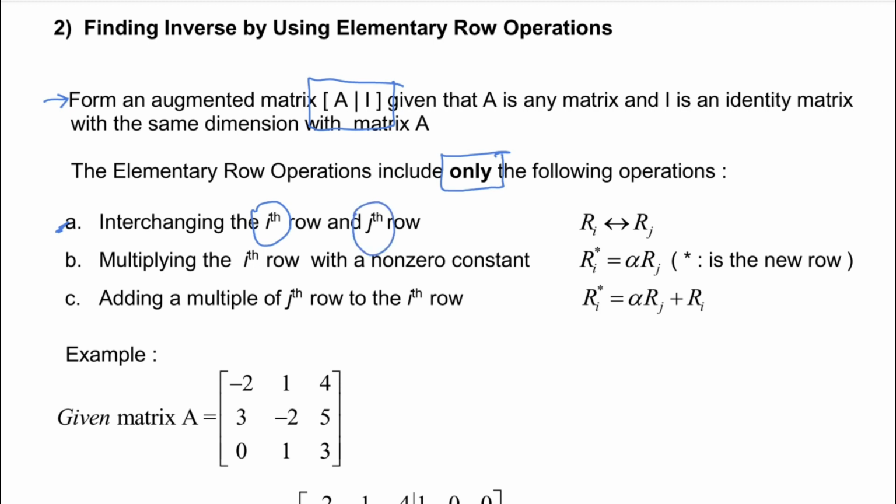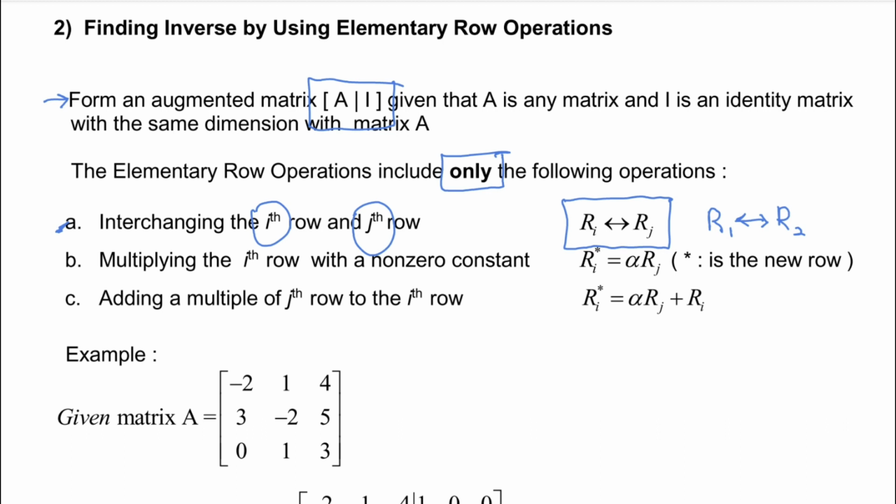How to write the operation is like this. Capital R means that particular row. For example, you want to change row 1 to row 2, and at the same time row 2 you change into row 1.